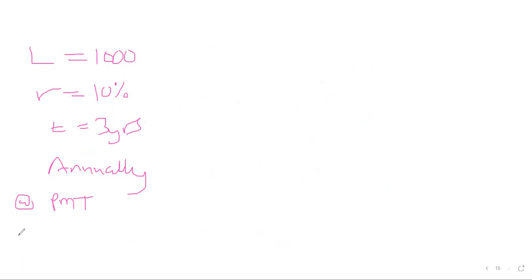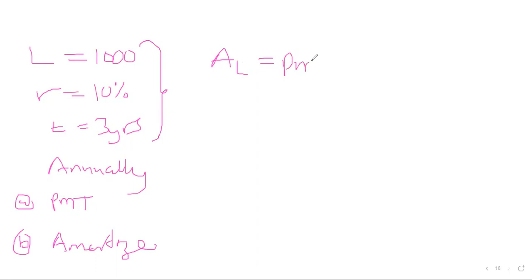Number two, we need to also amortize his loan. So let's calculate the periodic payment that Moise has to be paying every what? Every year. So we usually use a present value annuity table.